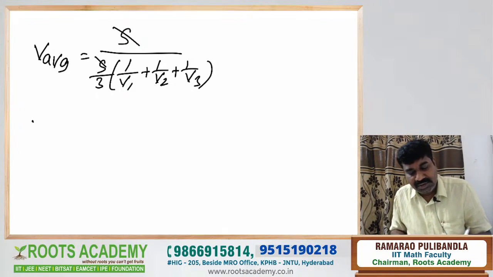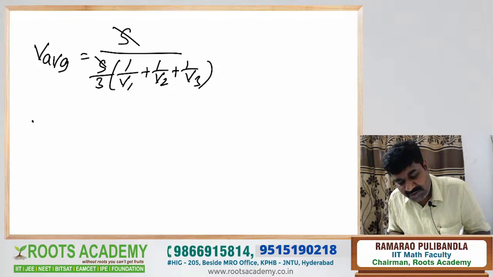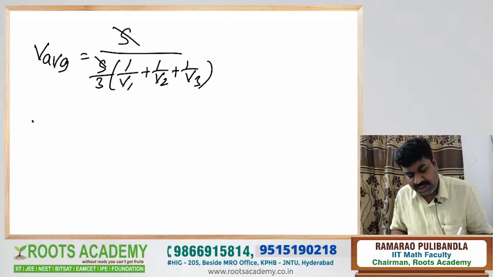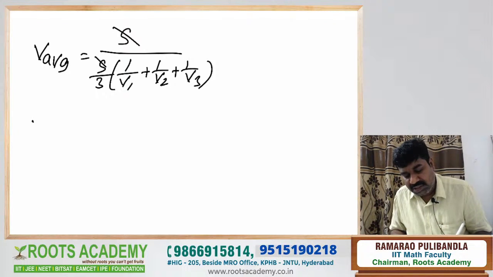So the average speed is 3 into 10 into 20 into 60 by V1 V2 which is 200, plus V2 V3 which is 1200, plus V1 V3 which is 600. This gives 36000 by 2000, so 18, and therefore the average speed is 18 kmph.